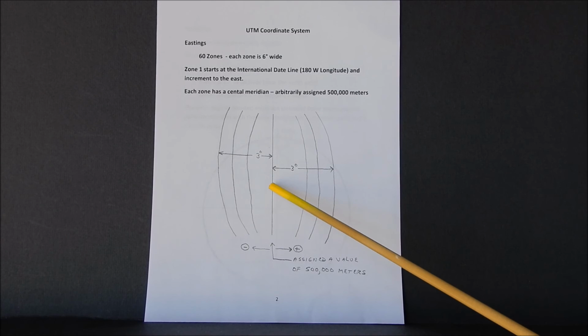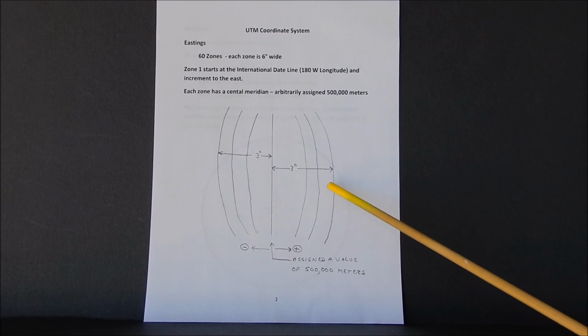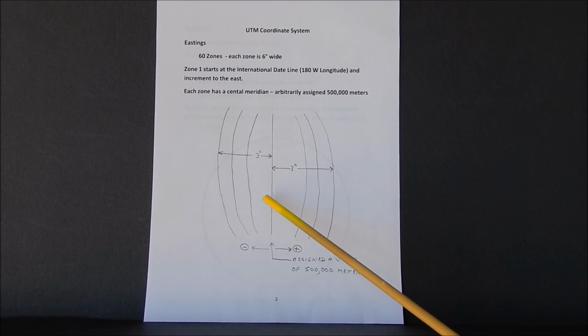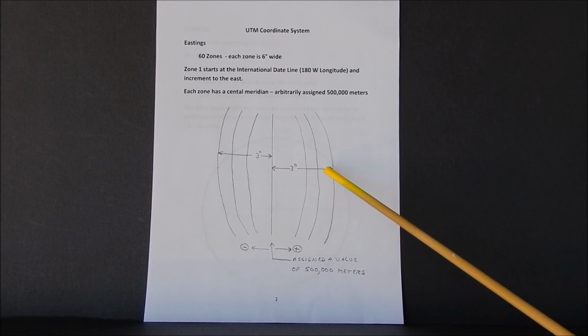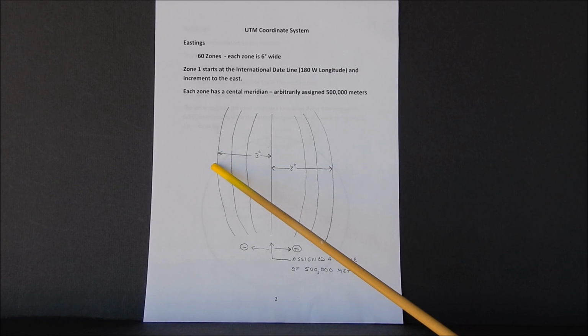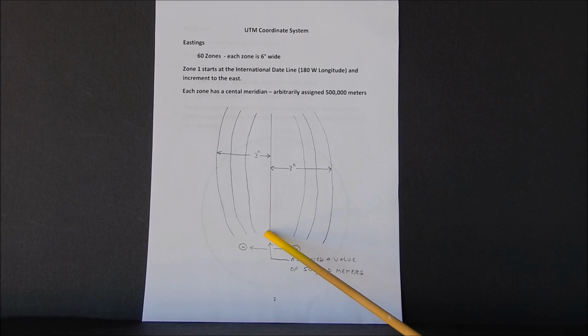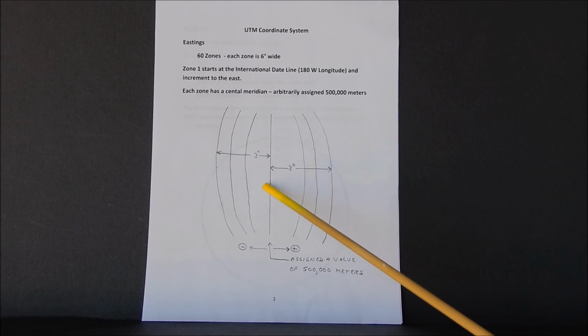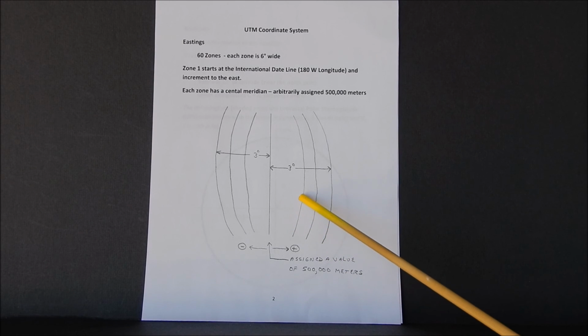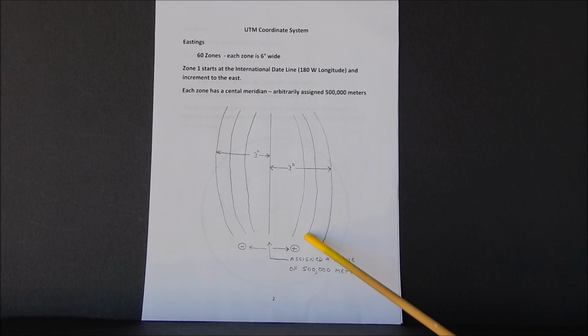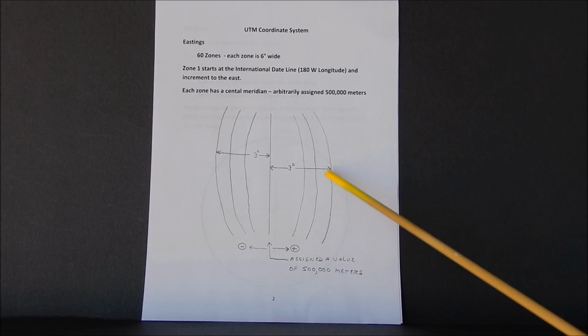As you go towards the east, it's 500,000, 600,000, 700,000, 800,000. From the central meridian, you have 3 degrees this way, and 3 degrees this way. Now, this meridian is perfectly straight up and down, but if you're anywhere else in the zone, your meridians are going to be curved like this.